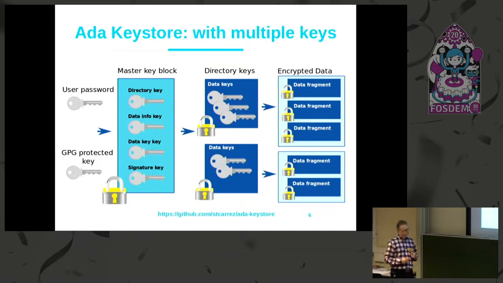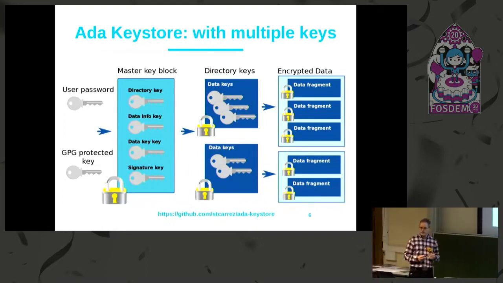The master key block, in fact, can be unlocked by seven slots, which means that similar to LUKS, you can define several passwords to be able to unlock the key store. What we can do with GPG is share the same key store with several persons.